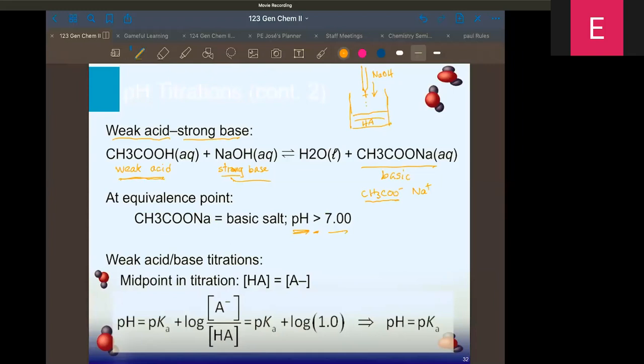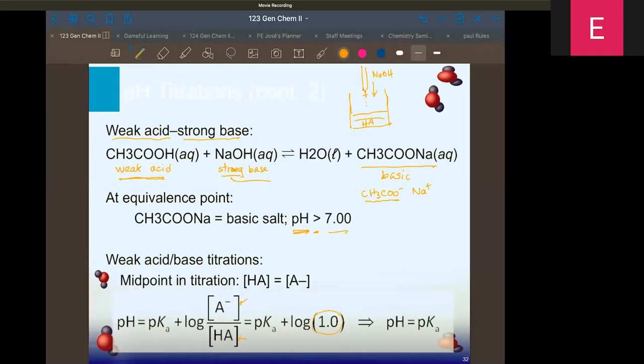There's going to be a point halfway through the titration when you have neutralized half of the acid, and half of the acid has gone to produce the base. So you have 0.5 of the acid and 0.5 of the base. You have a buffer, and at that point you have equal concentrations of the base and its conjugate acid, and therefore the ratio is exactly 1.